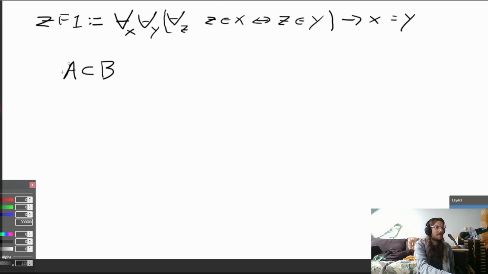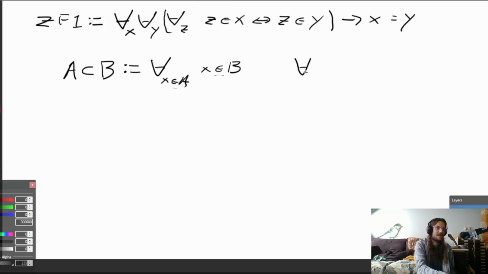So A contained in B. This is how you read this. It is a definition, and it is the following: all x in A, it must hold that x in B. This is what it means for this to be true. And you see that this is not an axiomatic relation. It relies on the in relation, which, last time I did this wrong.